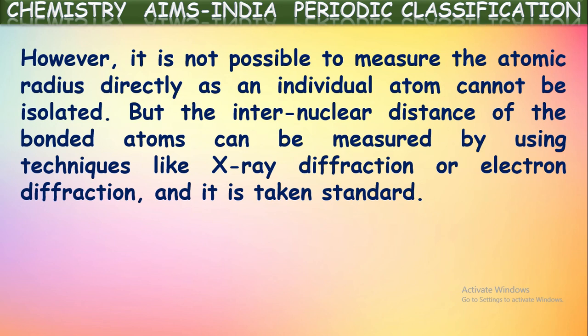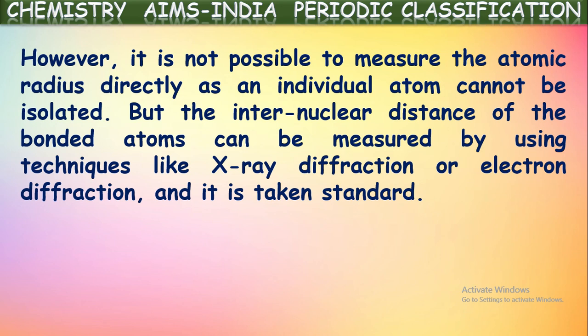The calculation of atomic radius is a little difficult because the size of the atoms is very small, and identifying these atoms with sensitive microscopes is also difficult. We cannot isolate these atoms. If we were able to isolate the atoms, then we could calculate their radius, but that is not possible.